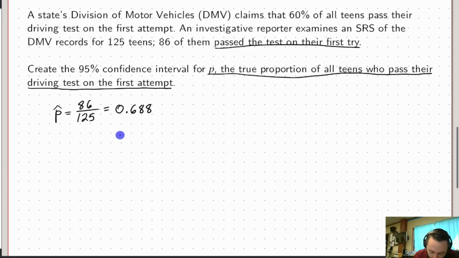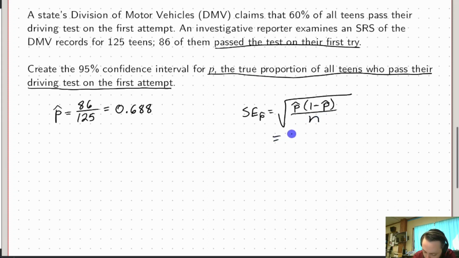So our standard error is going to be, remember, p hat times 1 minus p hat divided by n, all inside of a square root. So we're going to have 0.688 times 1 minus 0.688 divided by 125, and square root that entire thing.